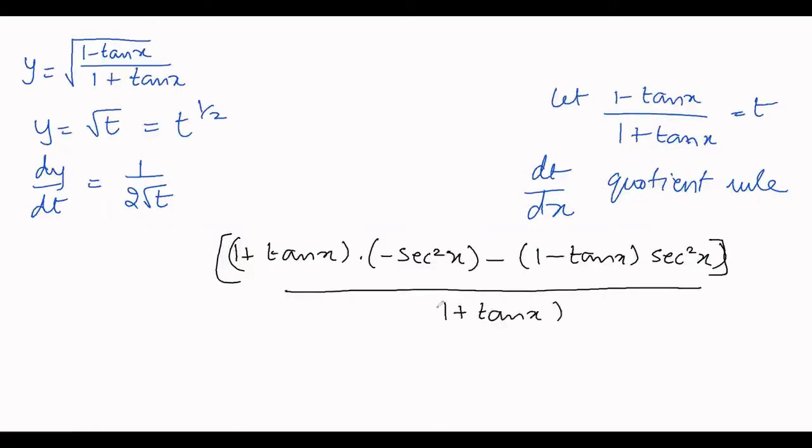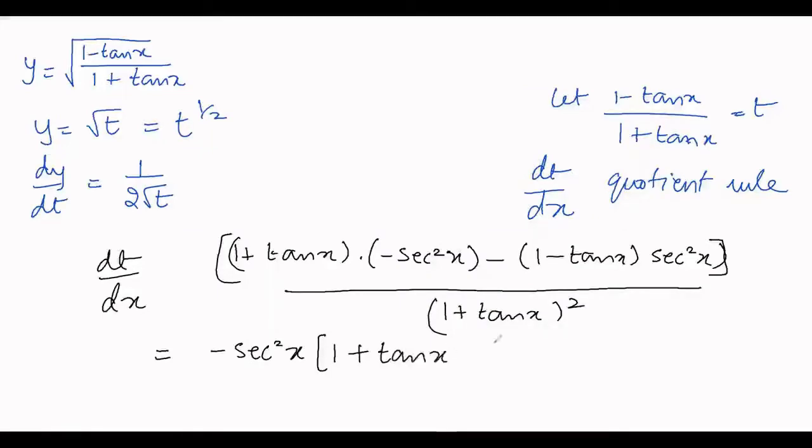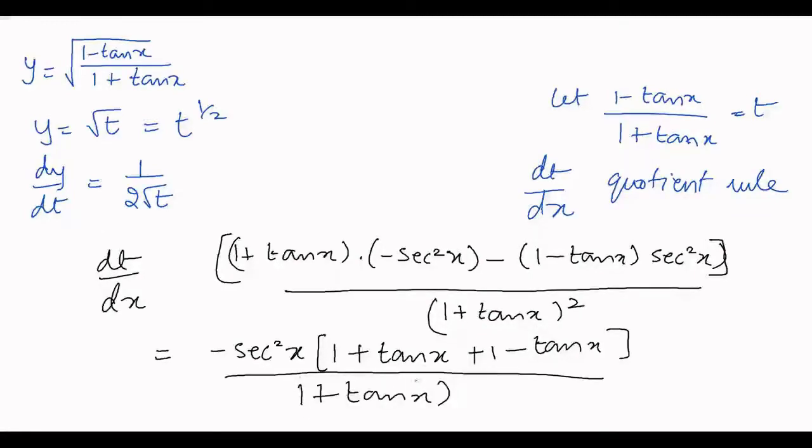So what is this equal to? dt by dx. Let's simplify this, and we get minus secant squared is common. So we're left with 1 plus tan x plus 1 minus tan x, and the whole divided by 1 plus tan x whole square. So plus tan x minus tan x gets cancelled. 1 plus 1 is 2.